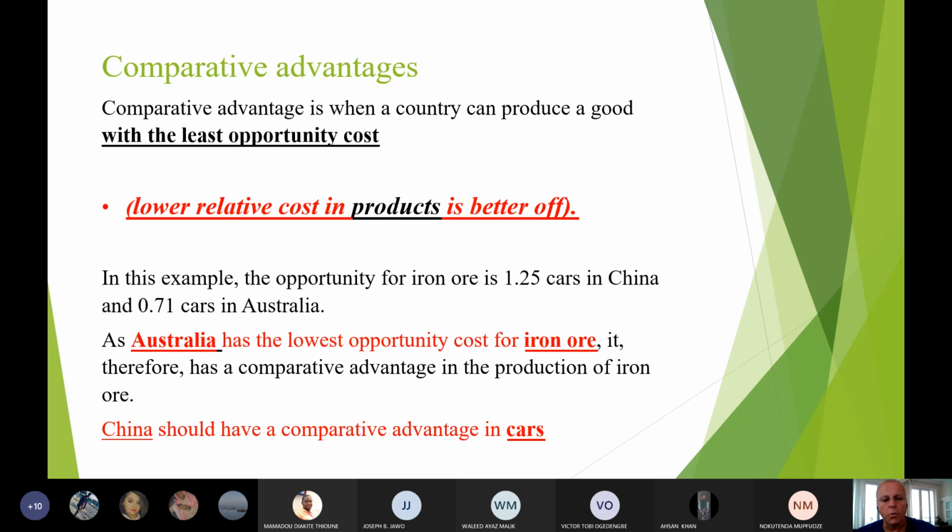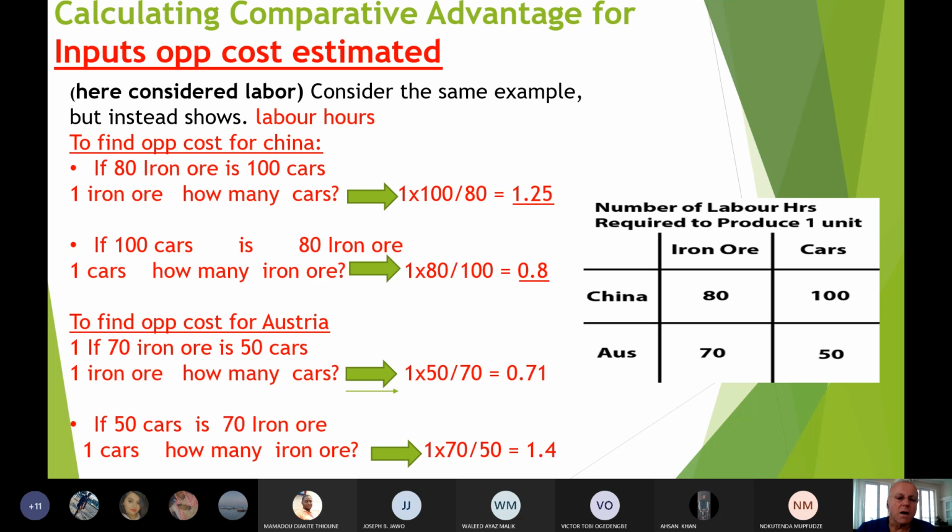In this example, the opportunity cost for iron ore is 1.25 cars in China and 0.71 cars in Australia. Therefore, Australia has the lowest opportunity cost for iron ore. It therefore has an advantage in the production of iron ore, and China should have the comparative advantage in cars because you are looking at the lowest or lower cost preferences in a given opportunity cost replacement or substitution.